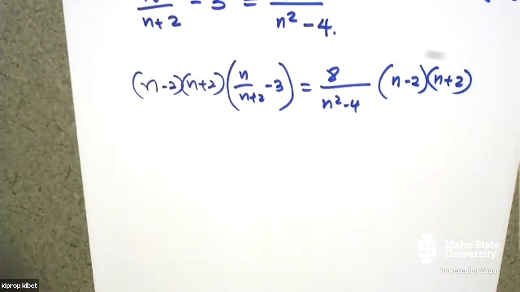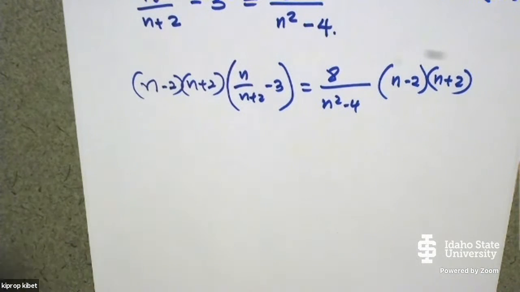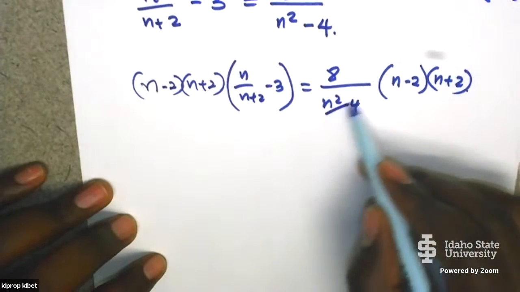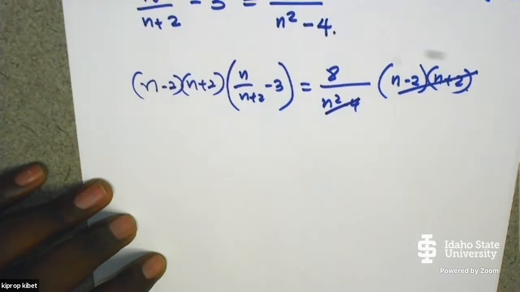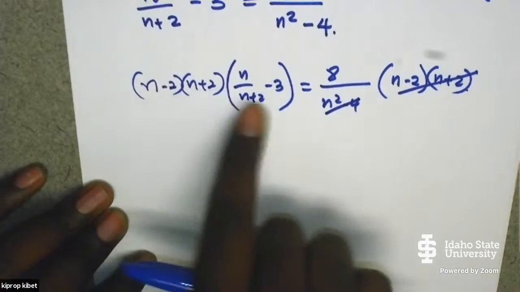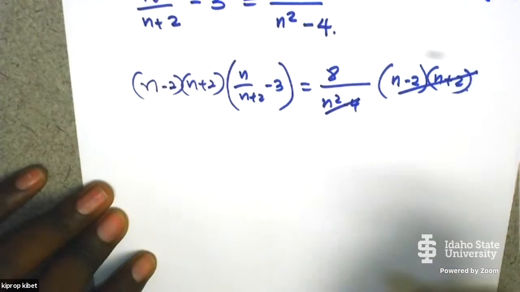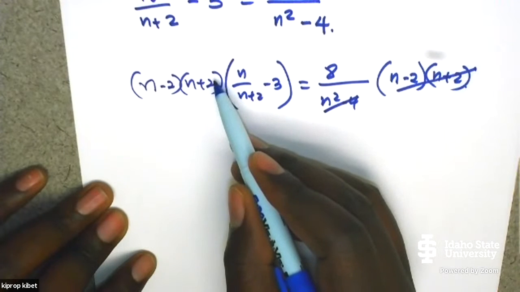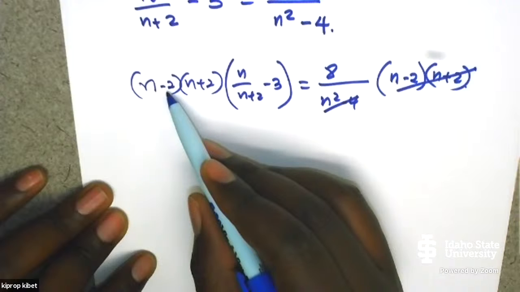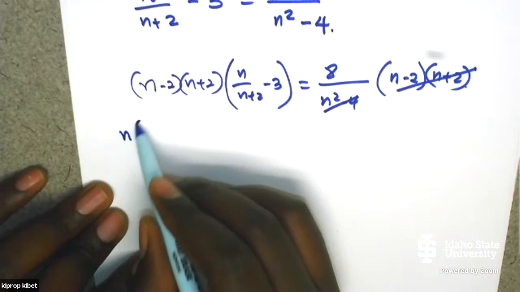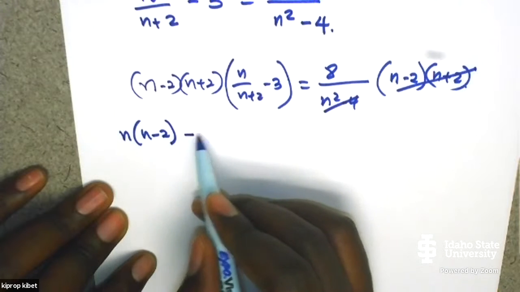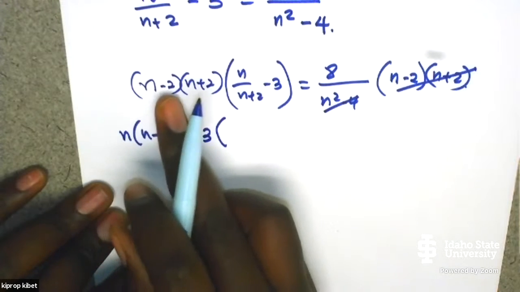Since n squared minus 4 is similar to this, this will cancel. Now, when you open these brackets, what will cancel is this and n plus 2, right? So we remain with n minus 2. What happens to the inside one? It would be minus 3 times n minus 2, n plus 2.